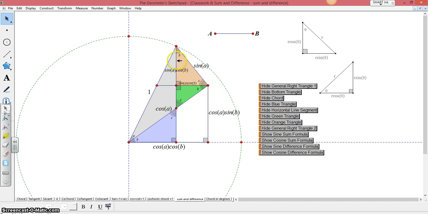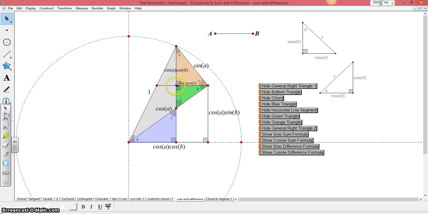We know this small length right here is sine of alpha cosine of beta. Therefore, we need to know what this and this length are. These lengths plus this length will give us sine of alpha plus beta. In order to find these lengths, let us look at this length.